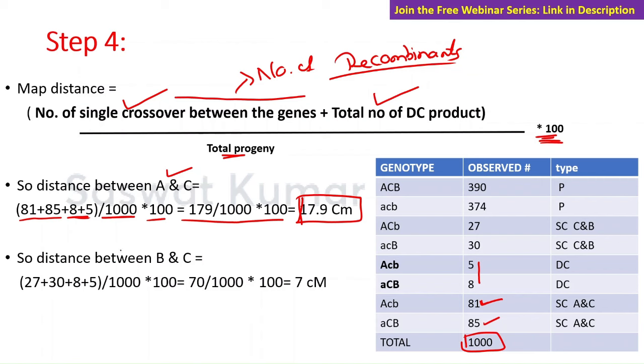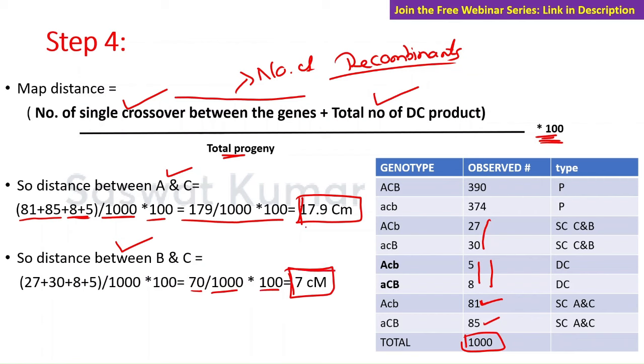Similarly, when I'm going to find the distance between B to C, the single crossover between B to C is 27 plus 30, plus the total number of double crossover products, 8 plus 5, 13. We will get 70 by 1000 into 100, which is equal to 7 centimorgan.